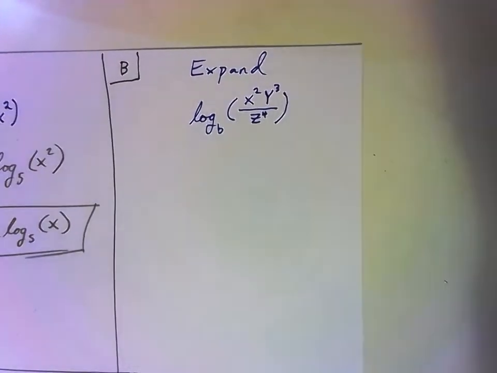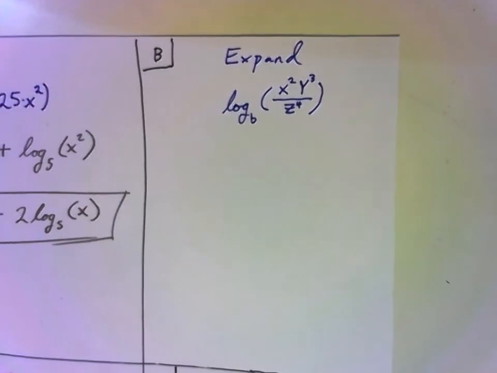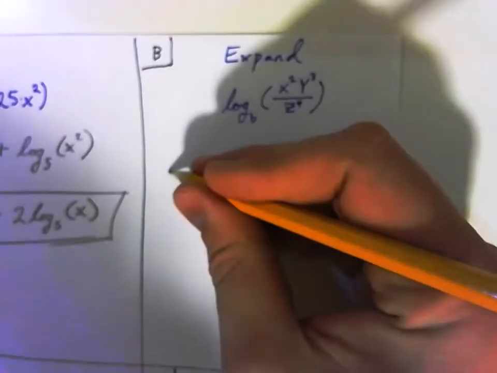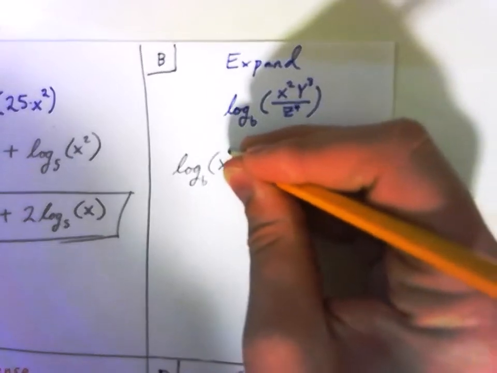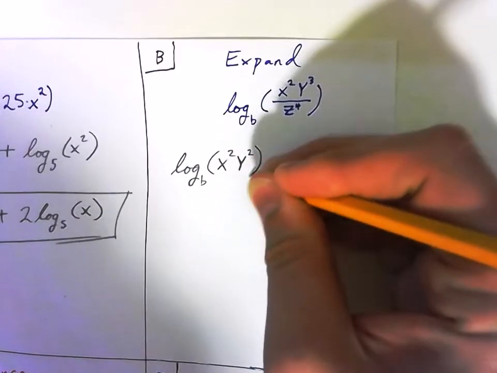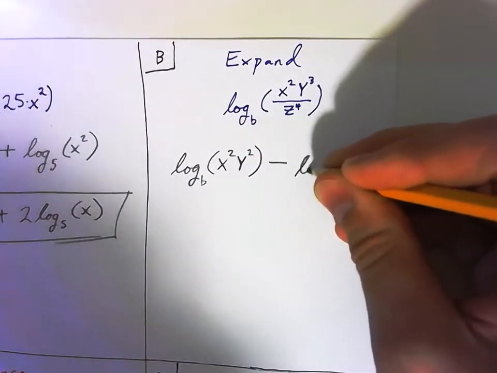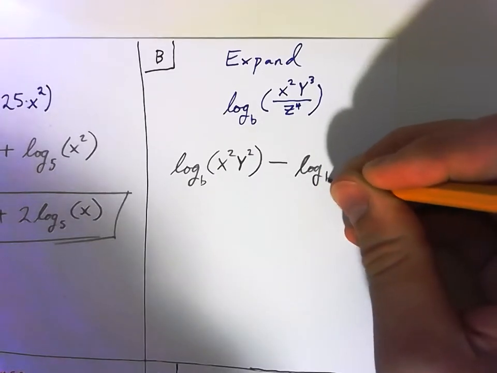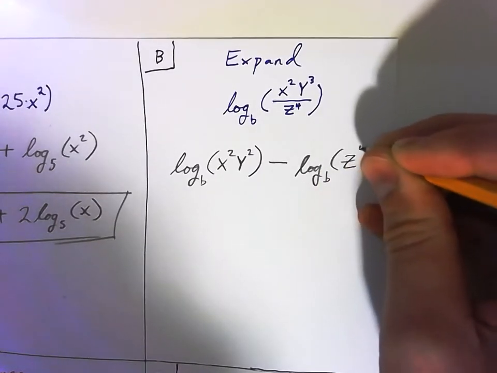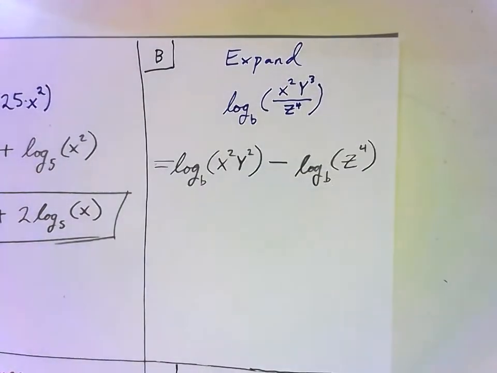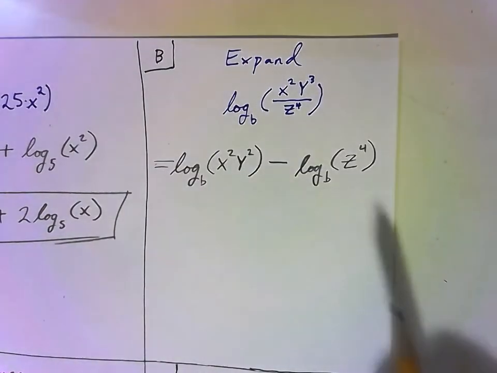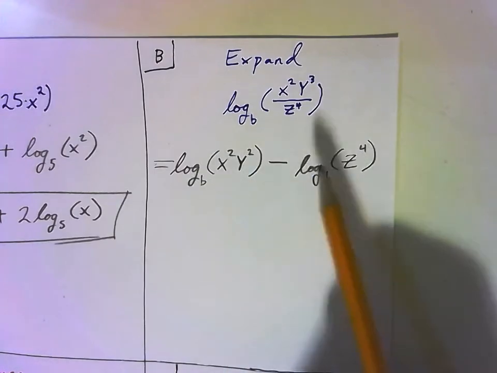Okay, next one. We've got division in there, so we can use the quotient property to start with. Log of x squared y squared minus log of z to the 4th power. Okay, both of these can expand further.